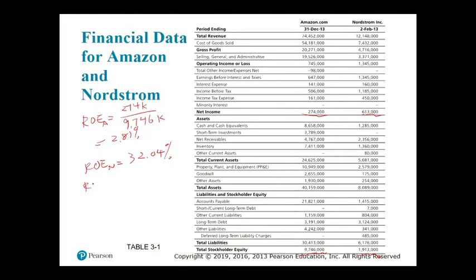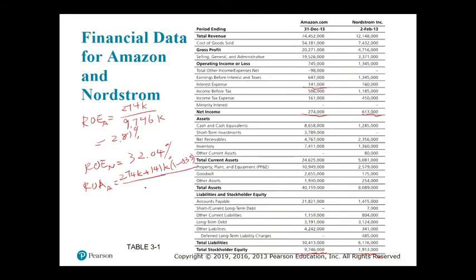Then return on assets for Amazon: we first calculate the earnings before interest, which is net income 274K plus the interest expense 141K multiplied by 1 minus the tax rate, and the tax rate was given as 35%.